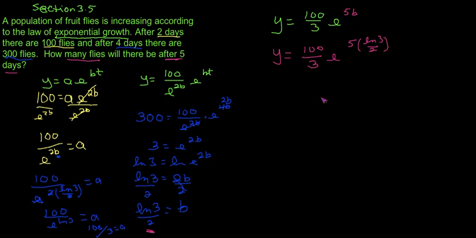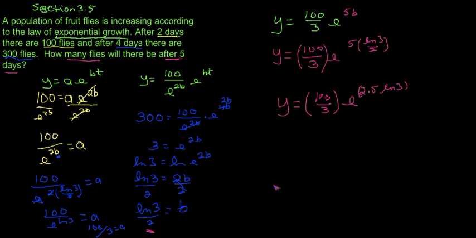So we can do this, and again, I would highly recommend doing parentheses again, and we're going to raise it all to this power. Now if you want to make it easier in the calculator, one thing you might do is this. Do 100 over 3 times e, and since 5 divided by 2 is 2.5, we'll just do 2.5 times natural log of 3 as our entire exponent.